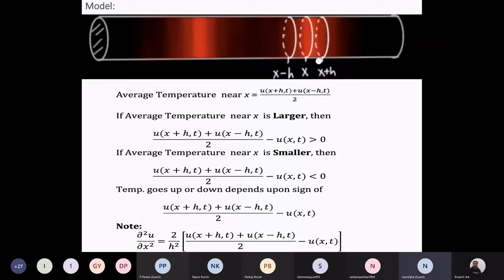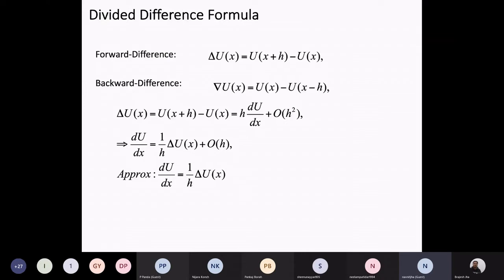Now, so far I have got the two quantities, del u by del t and del 2u by del x square. And how can we solve it mathematically? The heat equation, all of you are aware of, the solution of the heat equation is known to us.